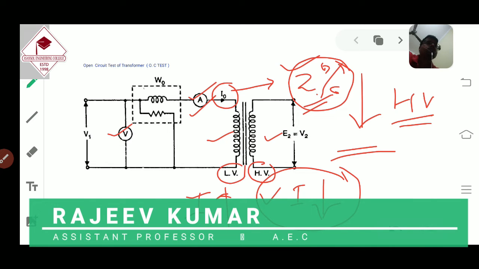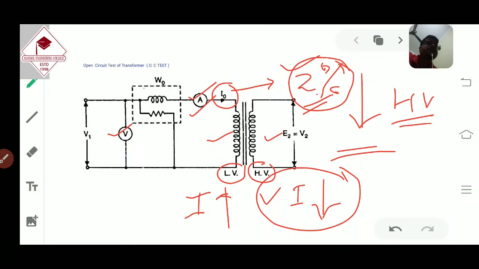So to avoid errors, we connect the low voltage side to the primary, so that this 2% current will not decrease further; rather, since it is connected to the low voltage winding, it will actually increase. So we can easily measure this current.